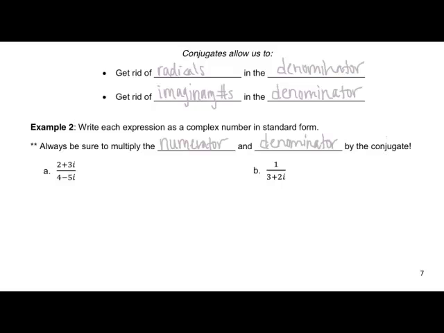So for part A, we have 2 plus 3i over 4 minus 5i. Again, to get rid of that imaginary number in the denominator, we have to multiply by the conjugate. So I want you to think for a second and write down what the conjugate would be. If you said 4 plus 5i, you would be correct. So again, we're going to multiply by 4 plus 5i in both the numerator and the denominator.